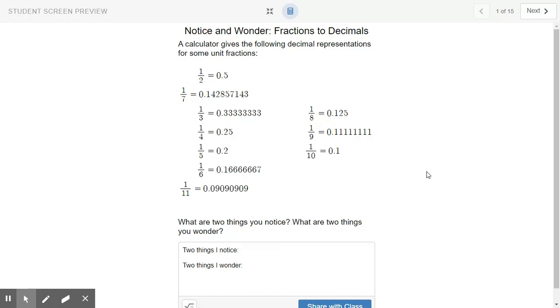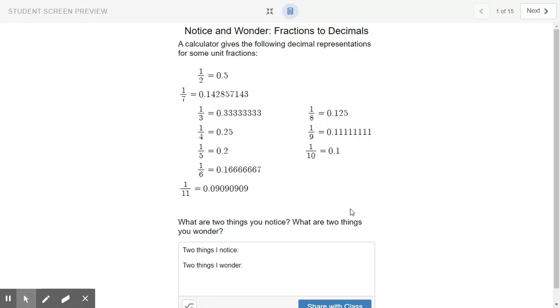Now, I've had students notice and wonder a lot of things on this particular page. I've had students notice that all of these fractions are actually 1 in the numerator. So every single one of them does. I've also had students notice that it goes 2, 3, 4, 5, 6, 7, 8, 9, 10, and 11 for the denominators.